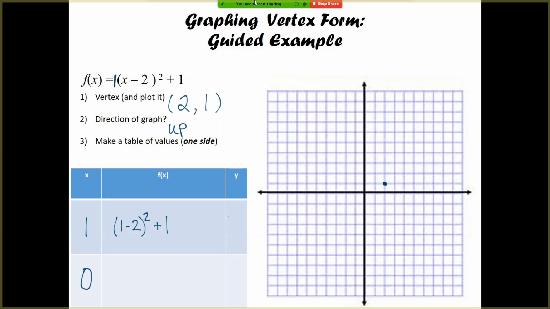So if I take 1 minus 2, I get negative 1. Negative 1 squared is 1, plus 1 is 2. So I have the ordered pair 1, 2. So I'm going to graph that ordered pair 1, 2 right here.